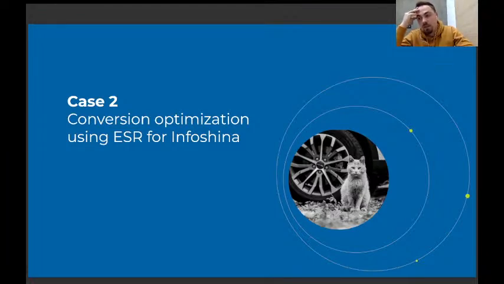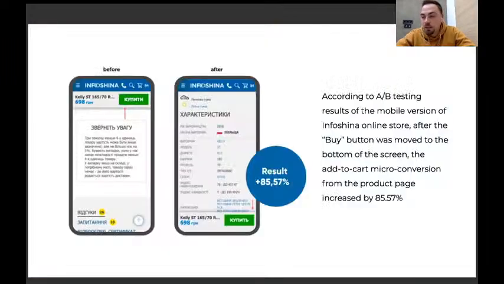The company is an official dealer of Michelin, Goodyear, Premier, and Bridgestone. First of all, we began the project with the optimization of the product card. And we made the product price and buy button sticky.